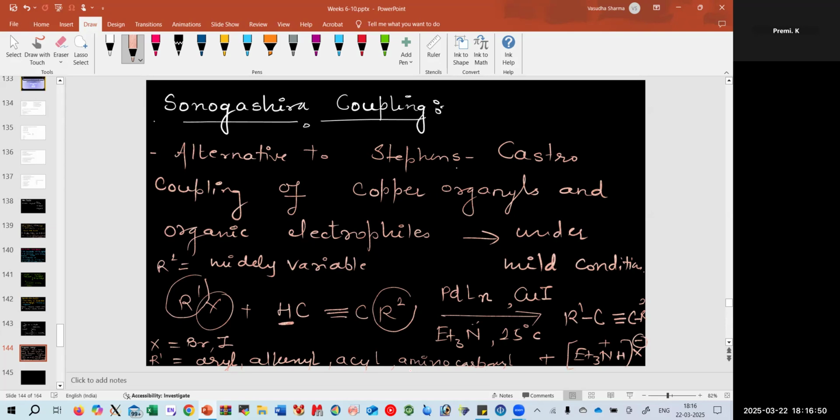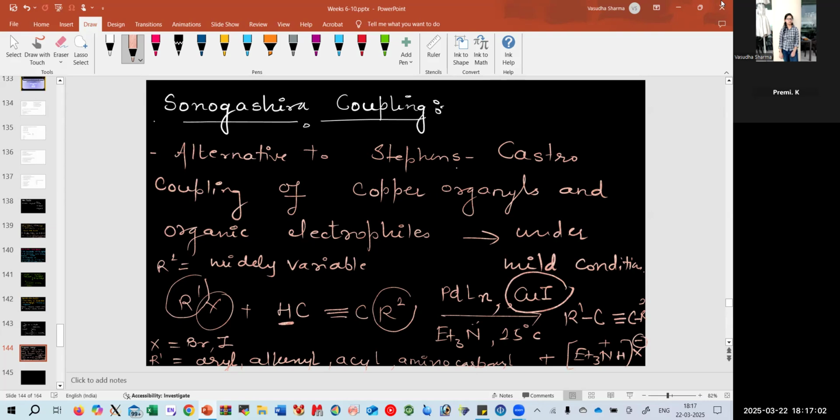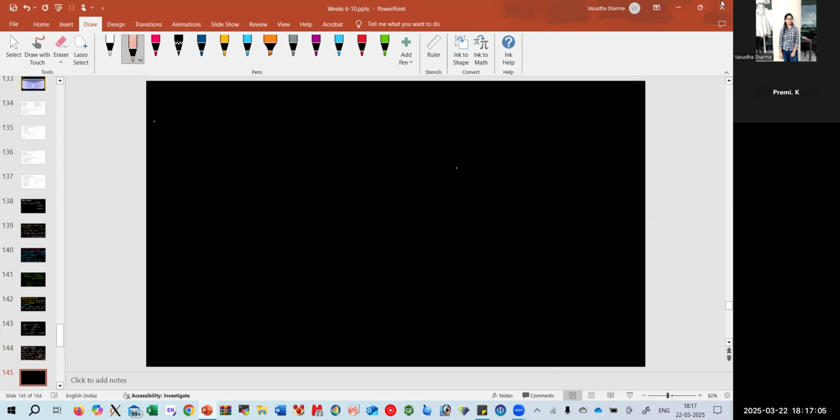So this is where the Sonogashira coupling reaction comes into the picture, where we are now introducing a co-catalyst, which is copper iodide.